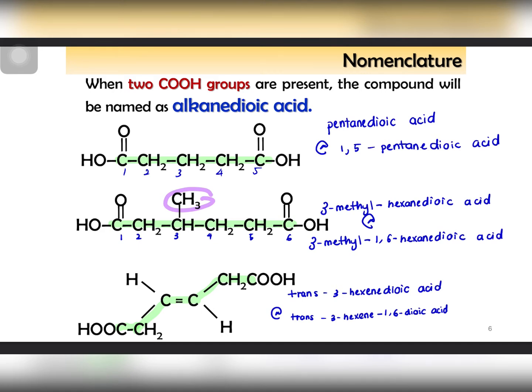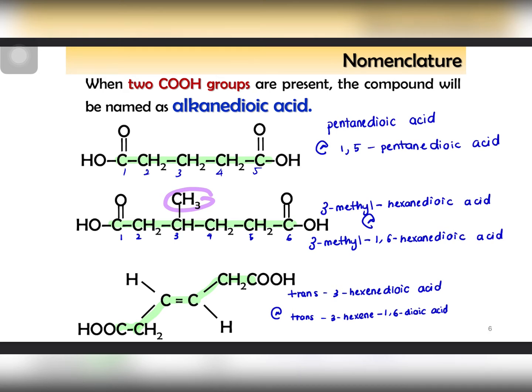Okay, so next kita ada 6 carbon, and for this one kita nak numberkan carbon start from left. So 1, 2, 3, 4, 5, 6 sampai 6 carbon, and at the 3rd carbon you have methyl. So this is the name, 3-methyl hexane dioic acid ataupun 3-methyl 1,6-hexane dioic acid. Alright, so next example kita ada alkene, but this one we know that it is trans.